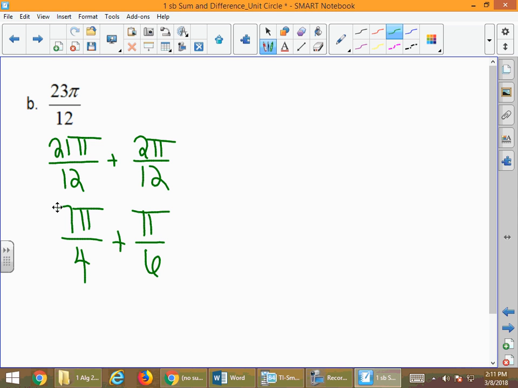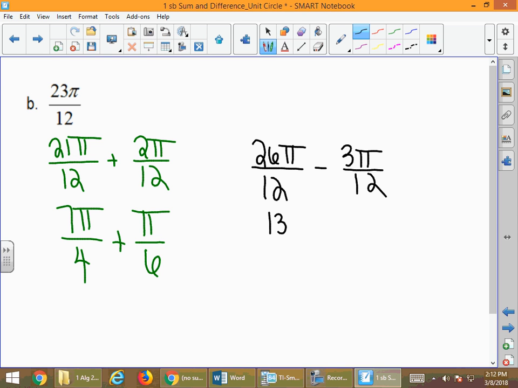We could do one with subtraction also. And just for time purposes, I did 26 pi over 12 minus 3 pi over 12. And when we simplify that, we get 13 pi, when you divide by, did I do this one right?